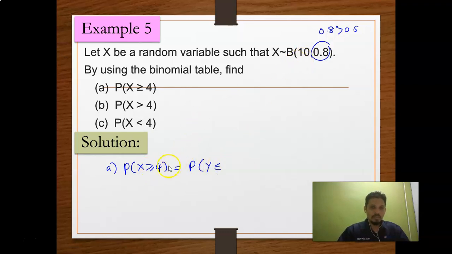So 10 minus 4 equal to 6. The number of trials minus 4 gives the probability of y less than or equal to 6.